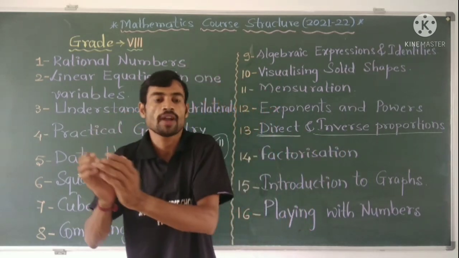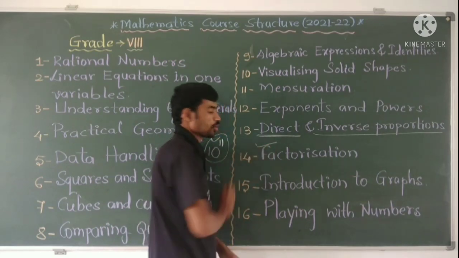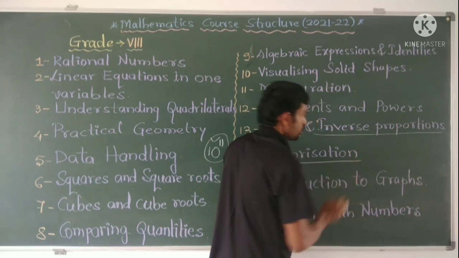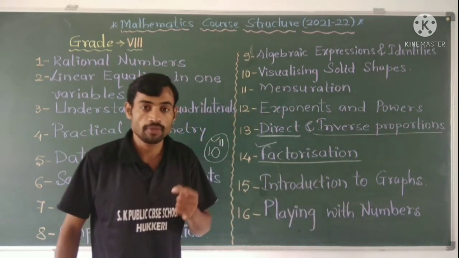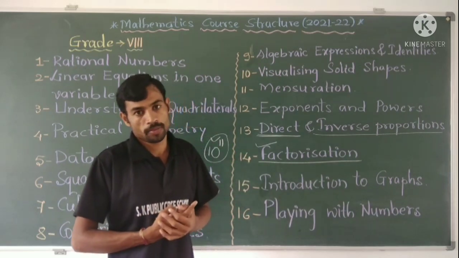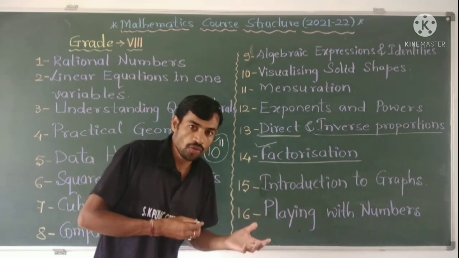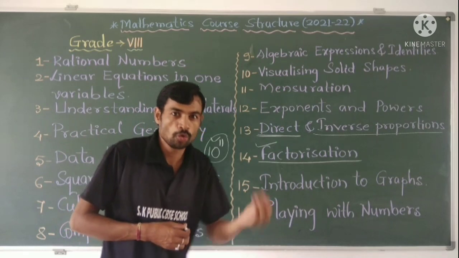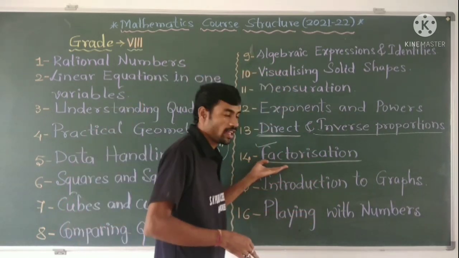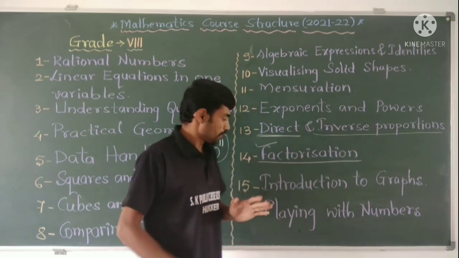That is nothing but factorization. So in this factorization chapter, we also have to study the division of polynomials: division of monomial by monomial, monomial by binomial, binomial by monomial. So many examples we can study in this chapter.